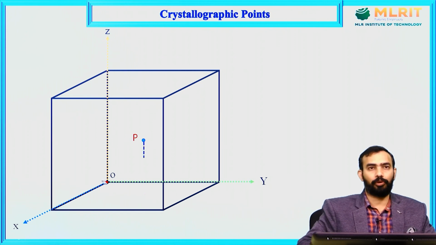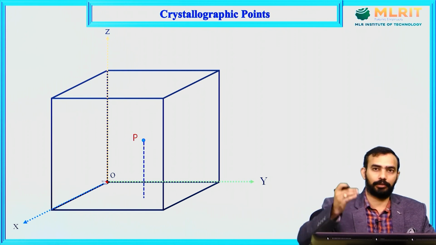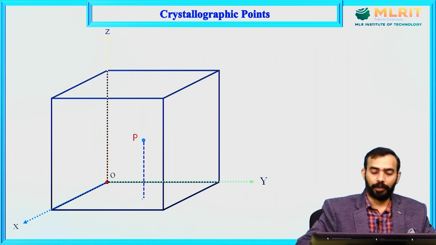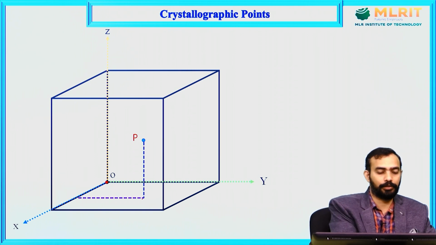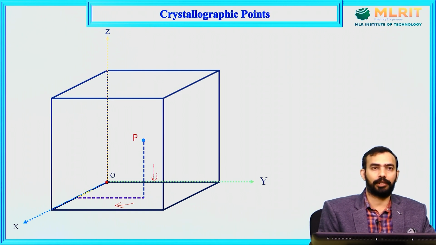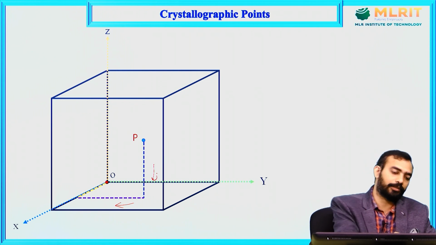So for this point P, with respect to the z coordinate, we take the point and then move back in the y direction. This is in the y direction, and this is in the z direction. We are dropping the points with respect to the coordinates. We are looking at the fraction. Then similarly in the x direction, right? This is in the x direction.